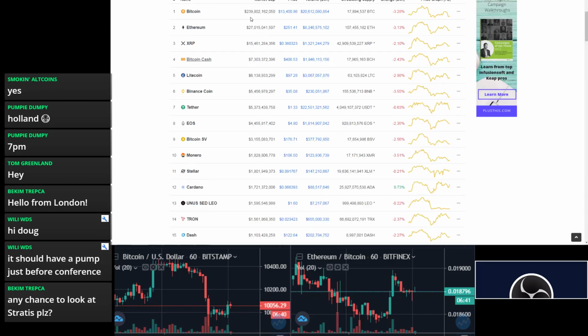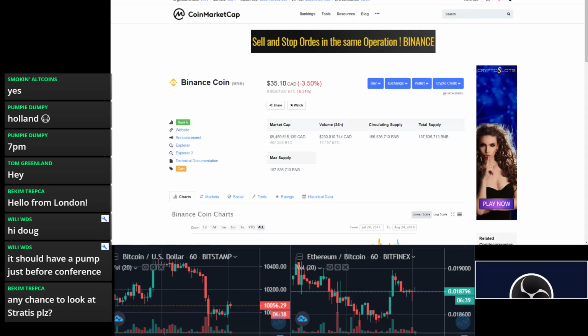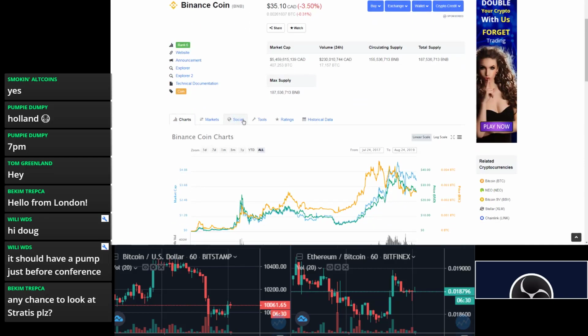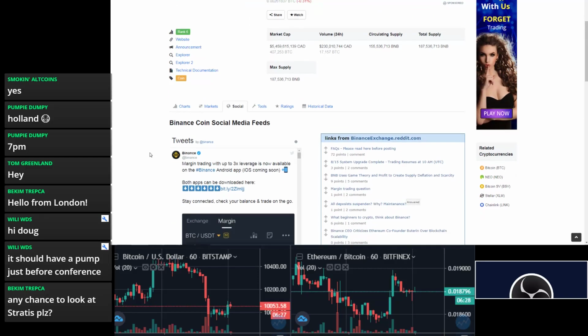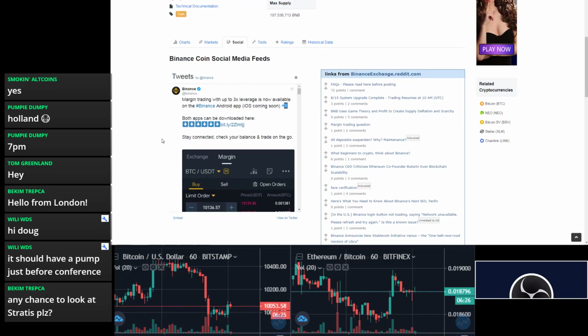Let's go see. Well, let's see what I got here. Binance coin. I don't think there's going to be fundamentals in this one either. Correct me if I'm wrong for Binance Coin, but I don't think there's going to be very many fundamentals. It is a utility token that I don't think is a technology changing an industry.